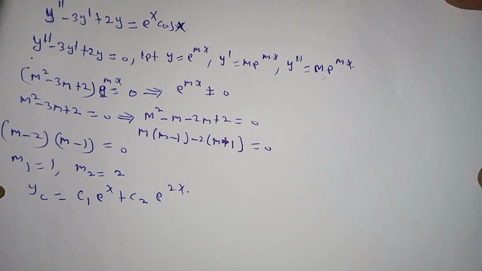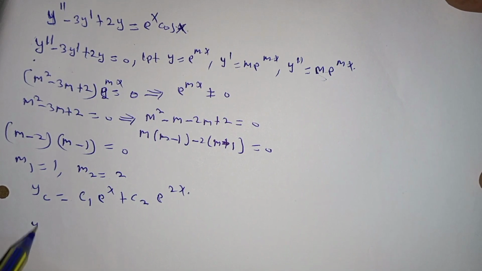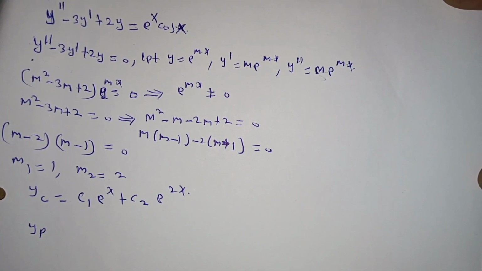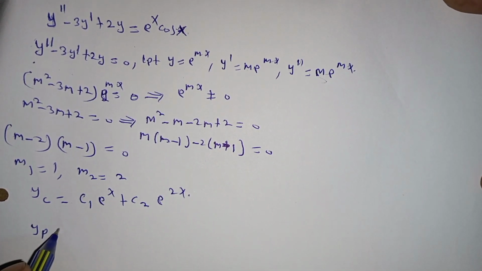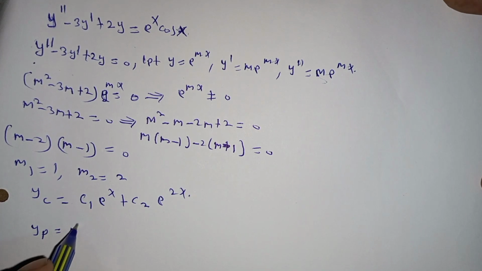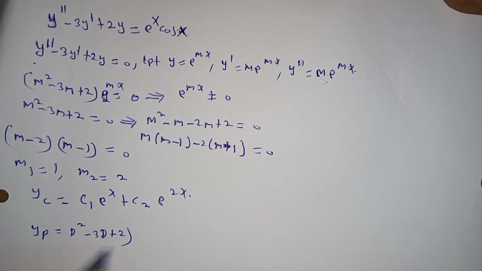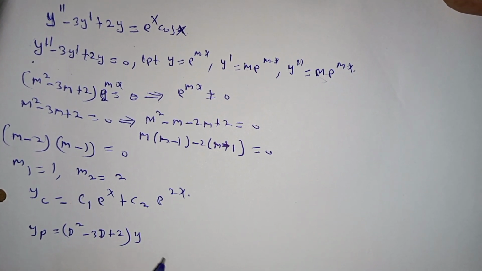Now to solve our y particular, we are going to employ the following procedure. We will write it in symbolic form, which is (d squared minus 3d plus 2) y.